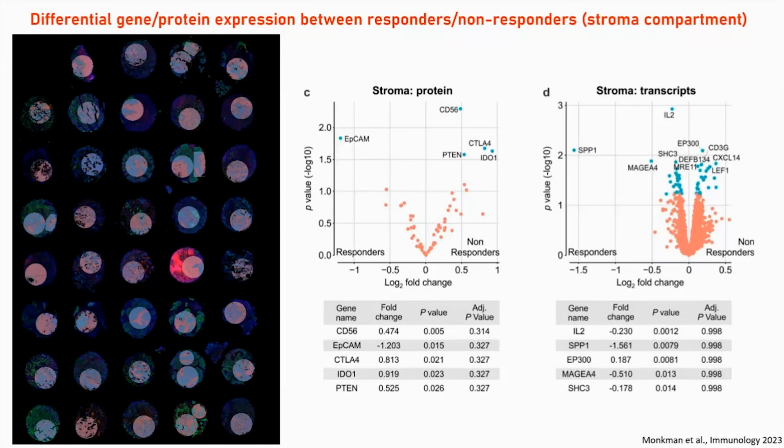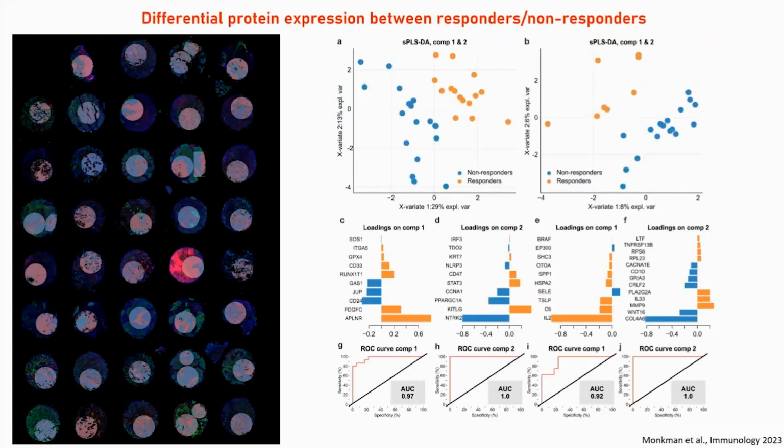Where it got interesting for us is we can take these and look at them both in the tumor content and the stromal content. We could see that in the stroma, SPP1, osteopontin, and IL-2 were highly enriched in the responder group. When we look at the contribution of IL-2 in a multivariate analysis, IL-2 almost by itself predicted the patient cohort that would benefit from immunotherapy. This is IL-2 specifically in the stromal component.